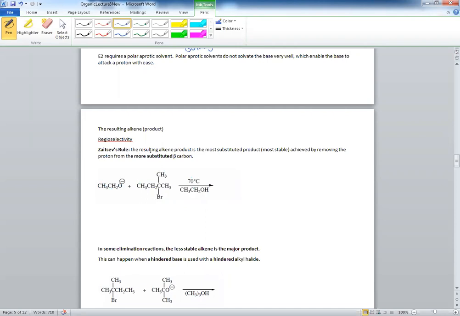Zaitsev's rule states that the resulting alkene product is the most substituted, most stable, of course, product achieved by removing a proton from the most substituted beta carbon. So just be aware that, once again, the more substitution you have, the more R groups, the more stable. So this one would be more stable than, let's say, this one, because it has more R groups.